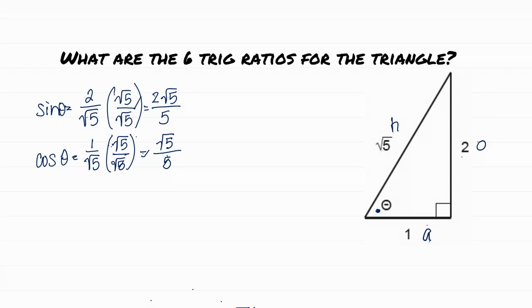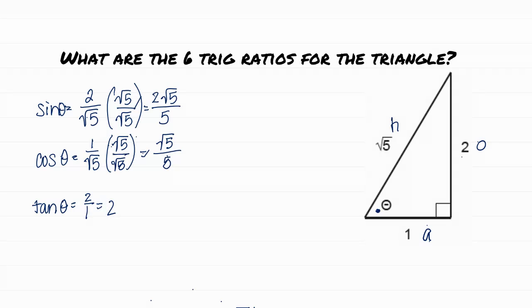Or you have to pay a math fine. I'm kidding, but you do need to rationalize. Make sure that you are multiplying by that radical to get it out of the denominator. And here we end up with cosine is square root of 5 over 5. The last one to talk about is tangent of theta, which is opposite over adjacent. 2 over 1 is 2.